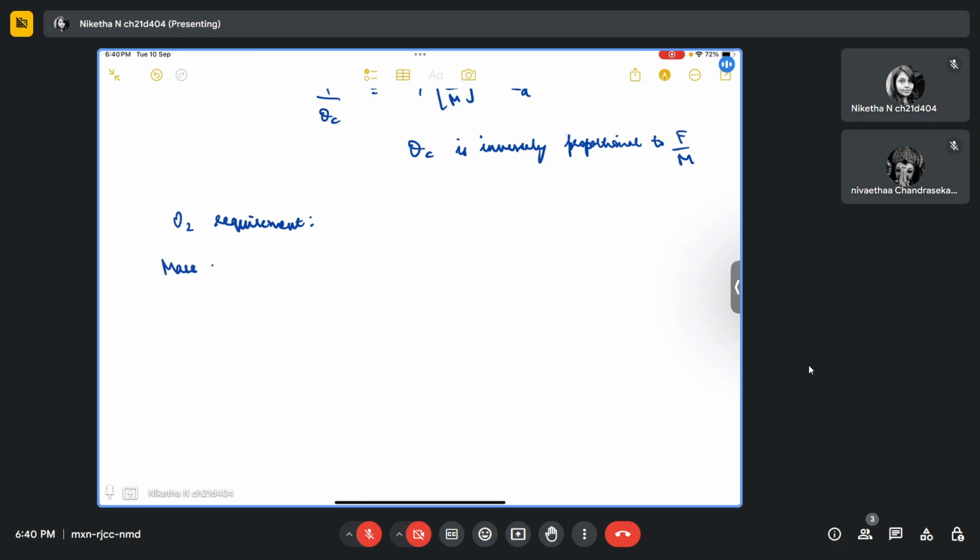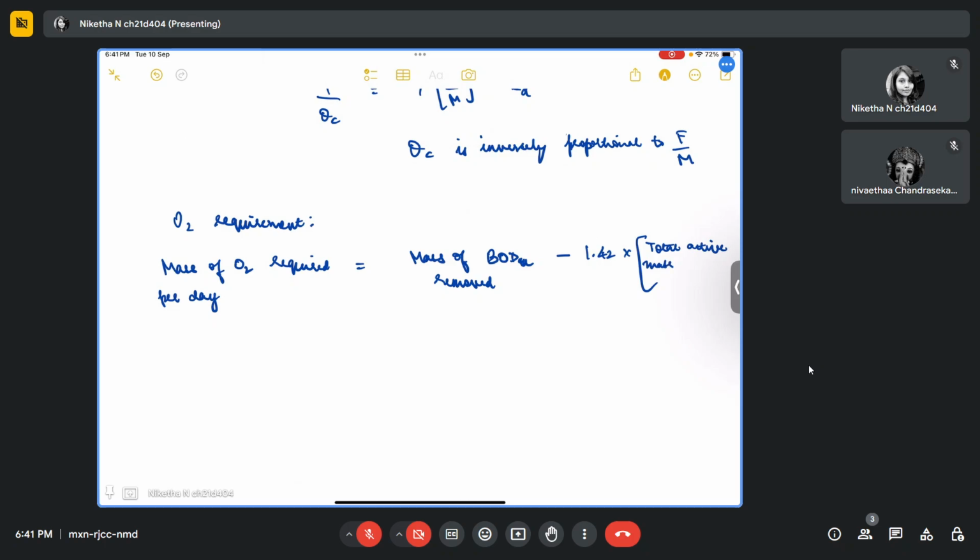The oxygen requirement is the mass of oxygen required per day, equal to the mass of ultimate BOD that is removed minus 1.42 times the total active mass of organics that are wasted per day.